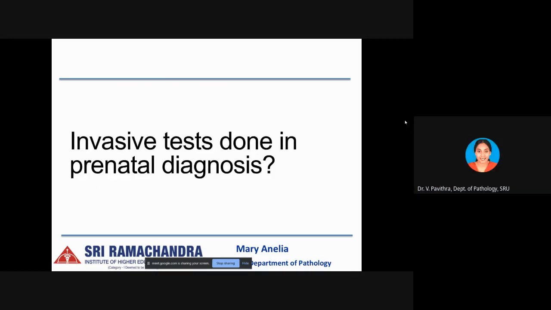Next question to Vidya. What are the invasive tests done in prenatal diagnosis? Amniocentesis, then chorionic villus sampling, and fetal blood sampling.